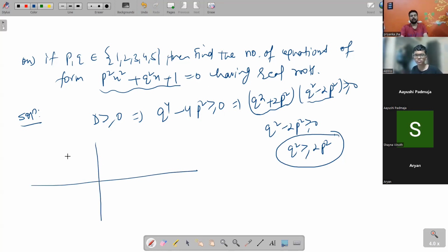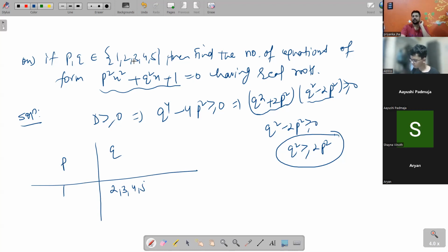See, if you take p as 1, this left part would be 2 into 1, that is 2. So q can be 2, 3, 4, 5. q can't be 1 because 1 square cannot be greater than 2.